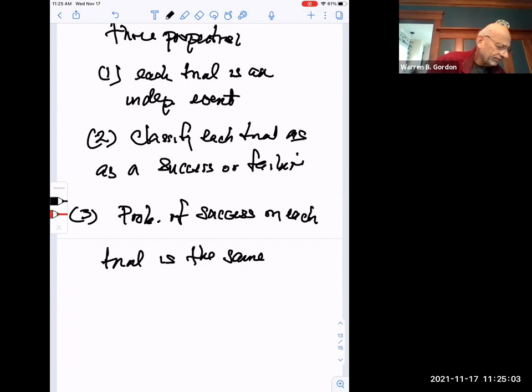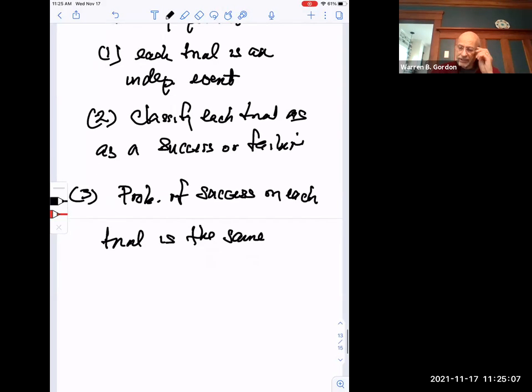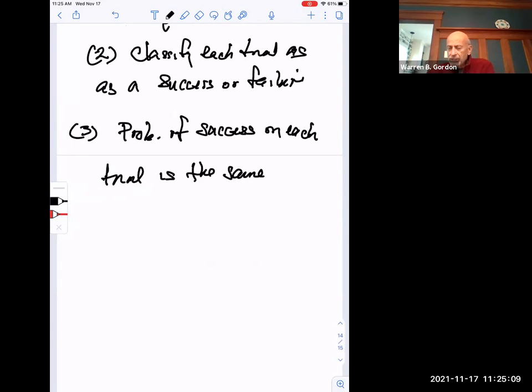Okay, so let's introduce some notation. Suppose X is a binomial distribution.